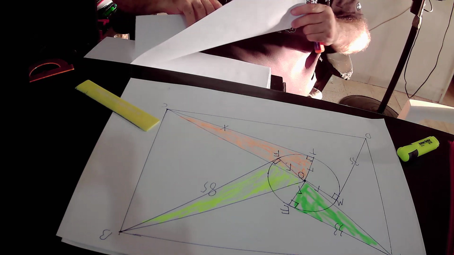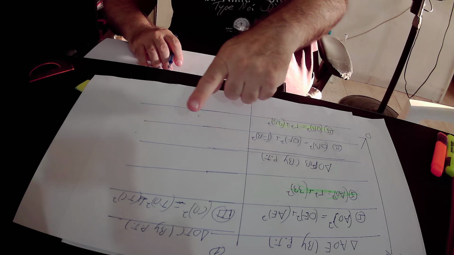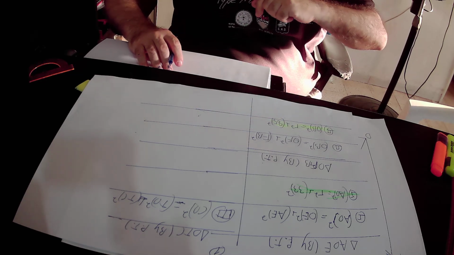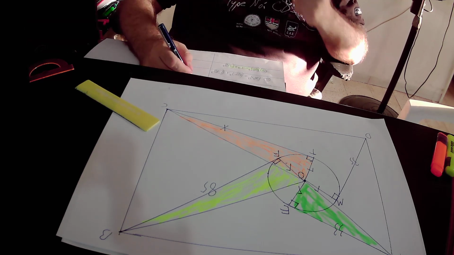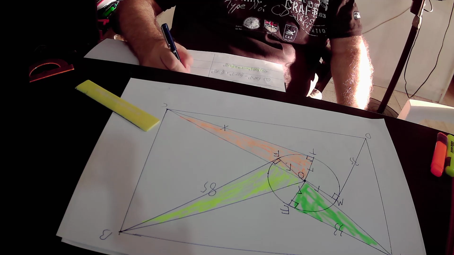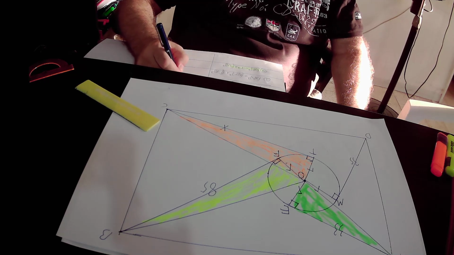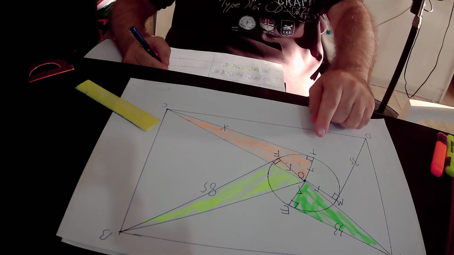Repeat again, in the right orange triangle OTC, CO squared equals TO squared plus TC squared. So CO squared equals TO squared.